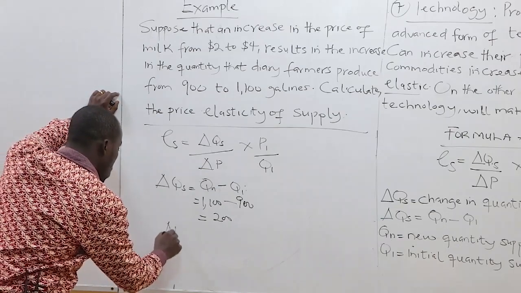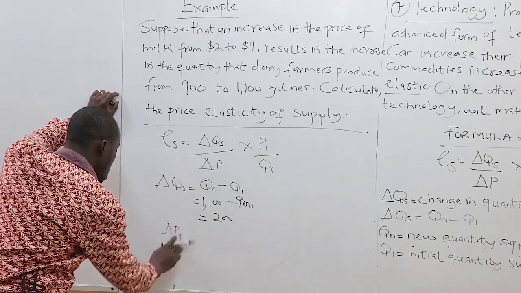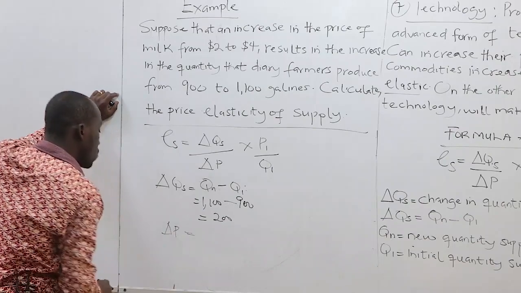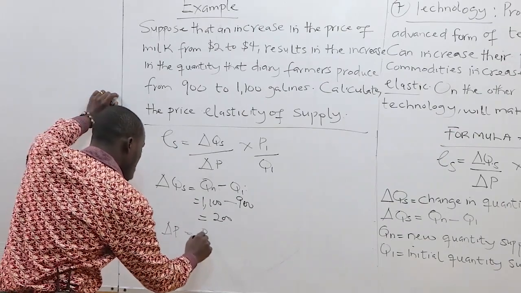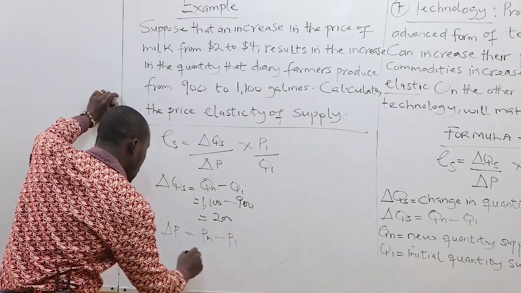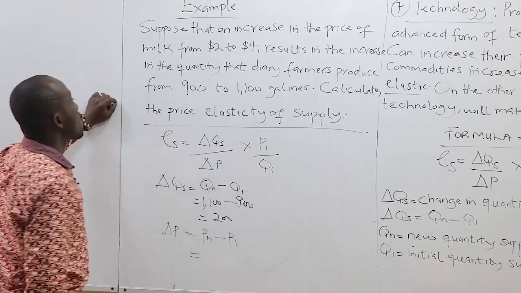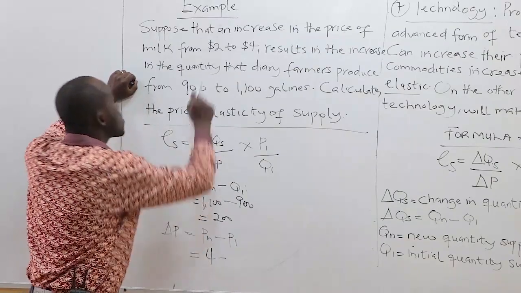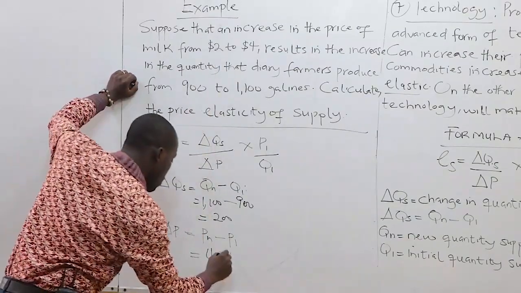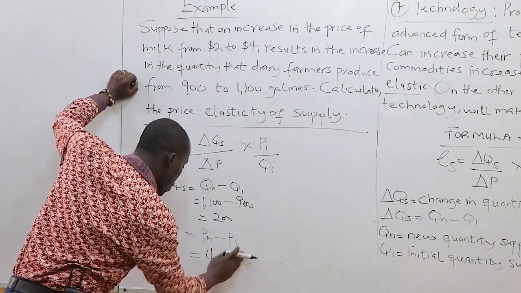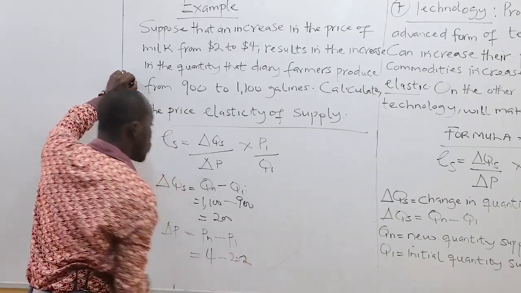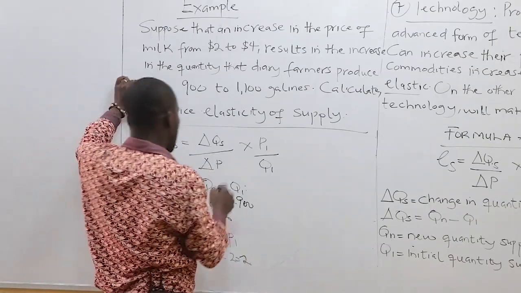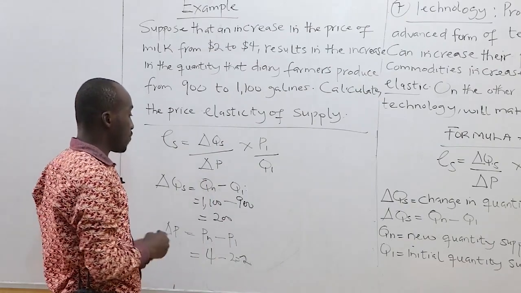Change in price is equal to the new price minus the initial price. The new price is 4, and the old price is 2. So if you subtract, you're going to get 2.